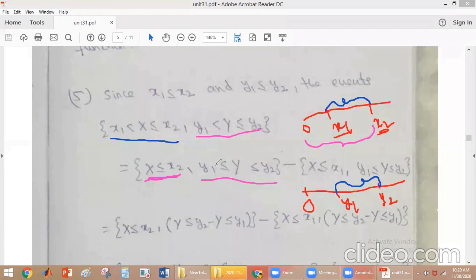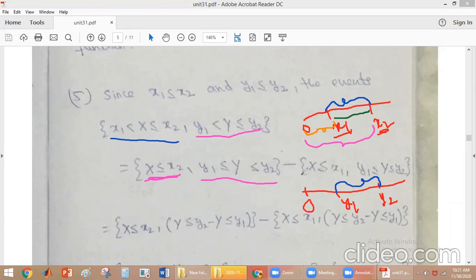Then we subtract x less than or equal to x1. If you subtract x less than or equal to x1 from x less than or equal to x2, we get the range x1 to x2.